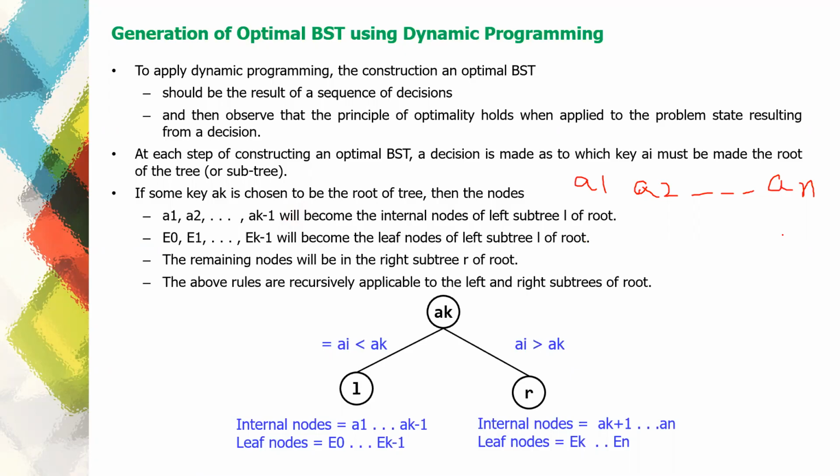That's the first decision I'm going to make. Which one of them should be made the root of the tree or a subtree? Assume that among all these keys, I have made a decision and I have selected AK. This AK, I have decided that it will become the root of the tree.